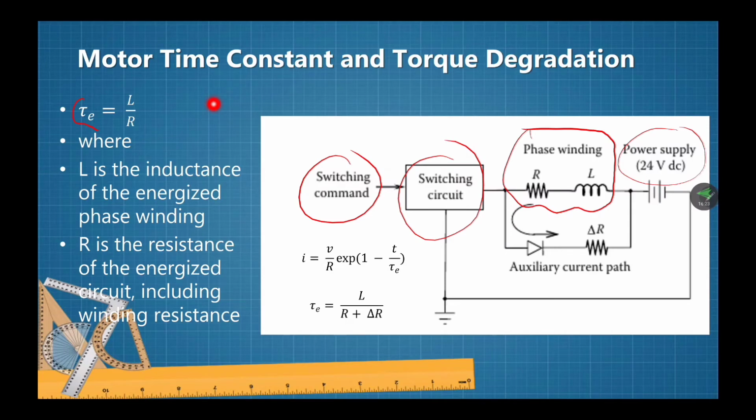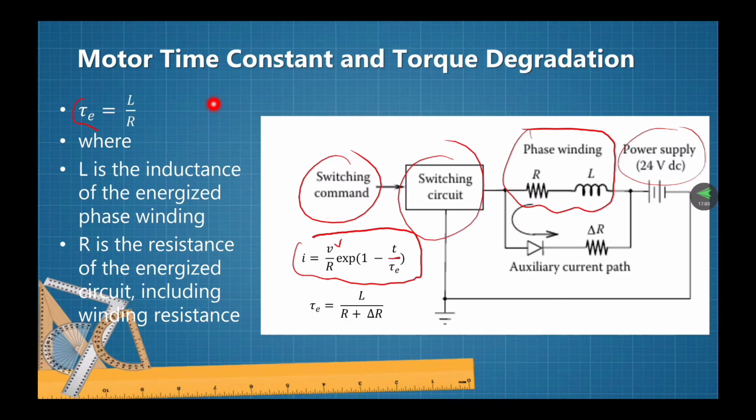So it's well known that the current buildup is given by I equals V per R times (1 minus exponential of minus t per tau E), where V in here is the supply voltage.